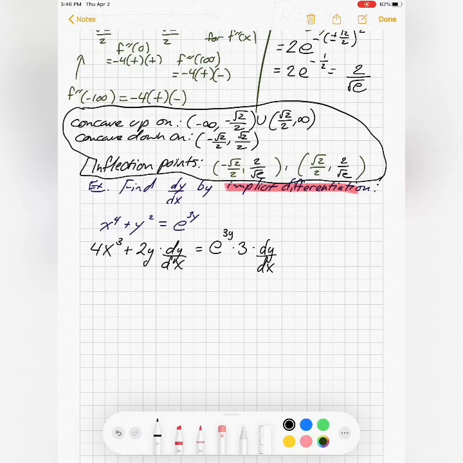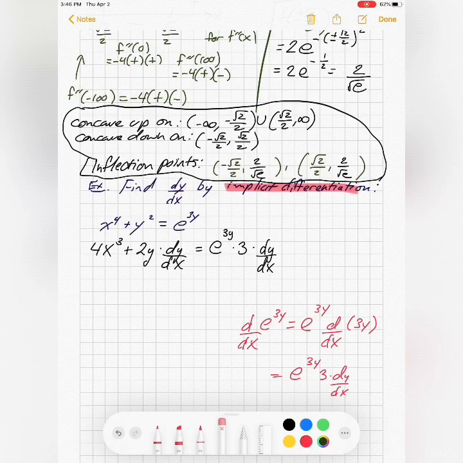So in other words, when I'm differentiating the e to the 3y with respect to x, I find, okay, the derivative of the exponential is the exponential, but then I have to find the derivative of that 3y, right? So the derivative of that is, well, just 3 times the derivative of y. Okay.